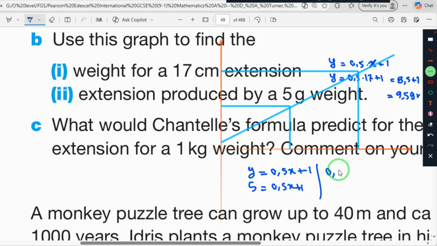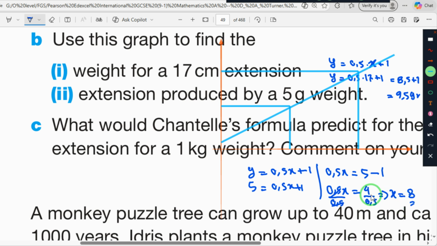So 0.5x is equal to 5 minus 1. We carry this plus to the left side near the 5, it becomes negative. 0.5x equal to 4. We divide both sides by 0.5. 4 divided by 0.5 becomes exactly 8.